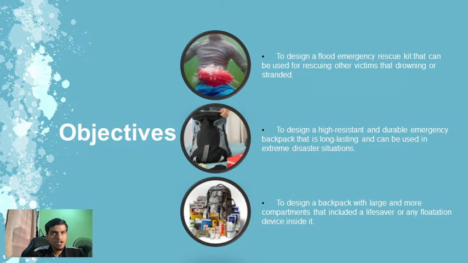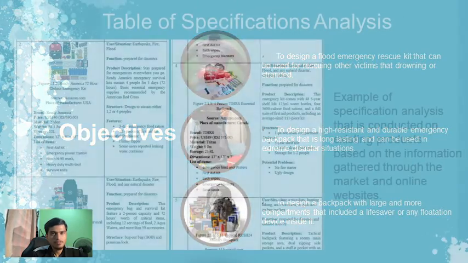To design a high-resistant and durable emergency backpack that is long-lasting and can be used in extreme situations of disaster. And then to design a backpack with larger and more compartments that includes a lifesaver or any flotation device inside it or equipped with it.